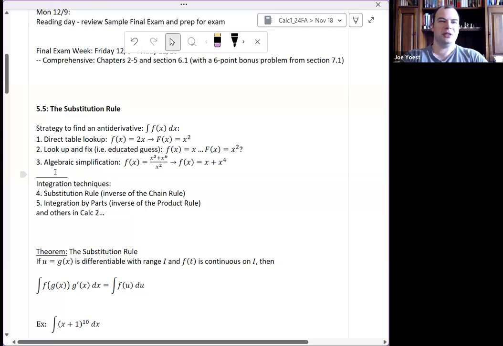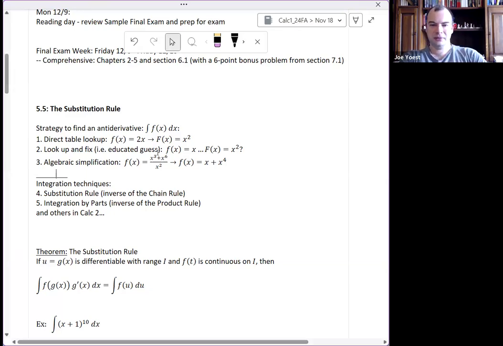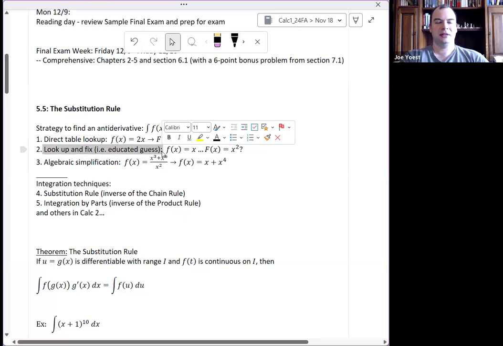The second is pretty similar to one. There are some problems you can look at that seem quite different from step one, and some that seem quite similar. But for instance, the second step is to look up in a table, use an educated guess, a gut feeling, make a guess at what you think the antiderivative is, and then fix it, right?